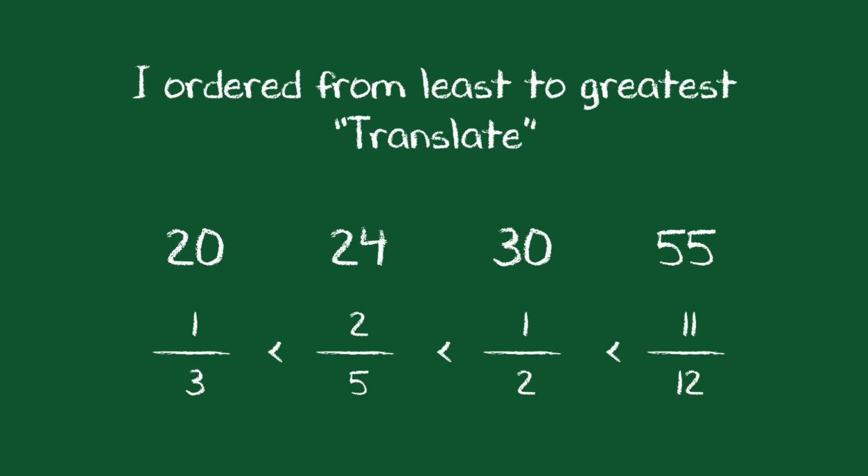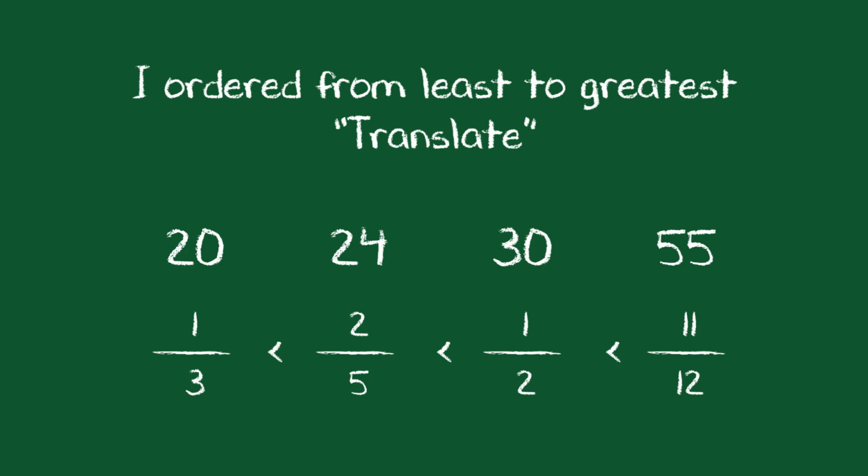So when we order these from least to greatest, we look at the numerators: 20, 24, 30, 55. If you got it, say I got it. I got it. Excellent job.